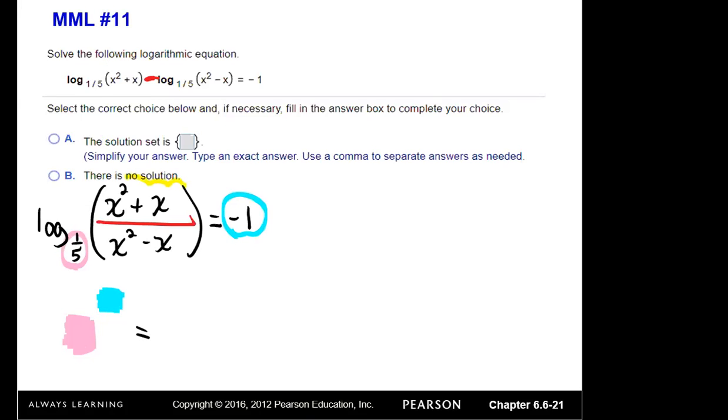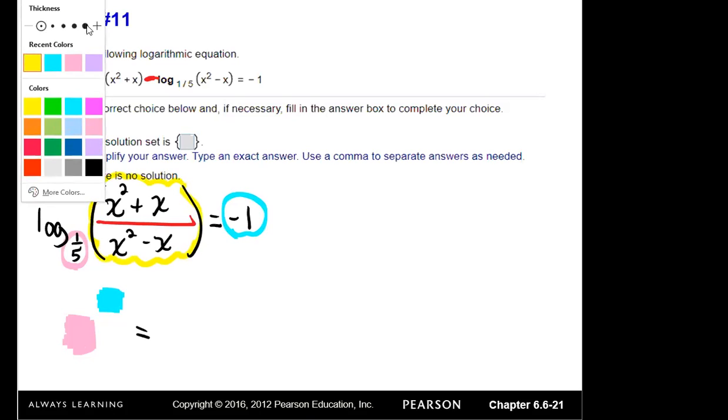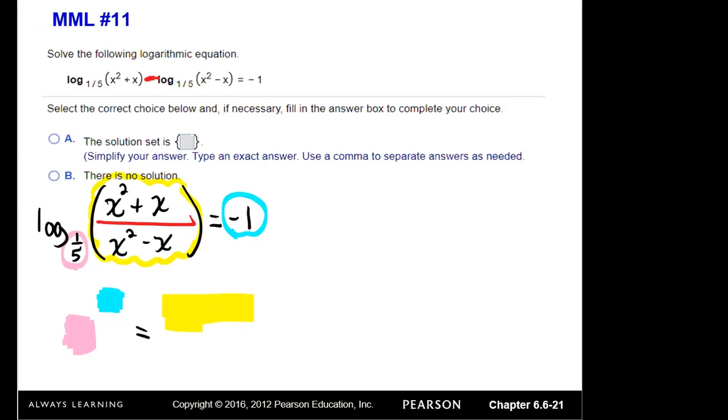And you were taking the log of this mess right here, so that's what's going to go right here. Yuck. So 1/5 raised to the -1st, and that means all of 1/5 is going to equal an x squared plus x all over an x squared minus x.